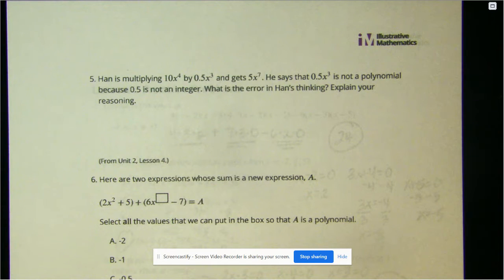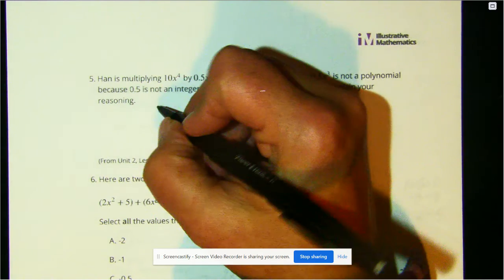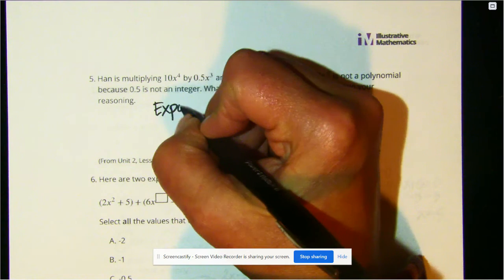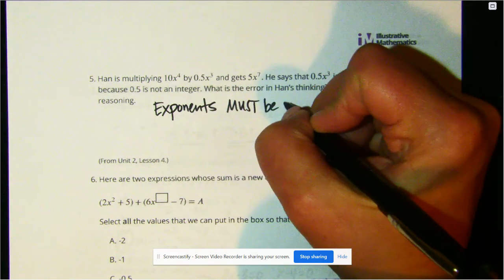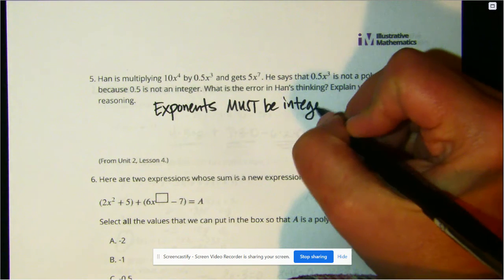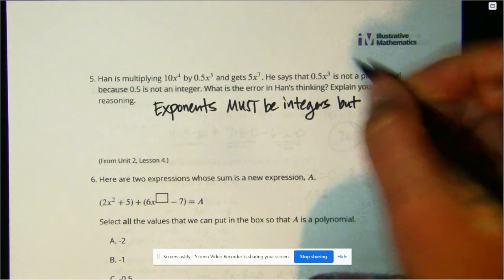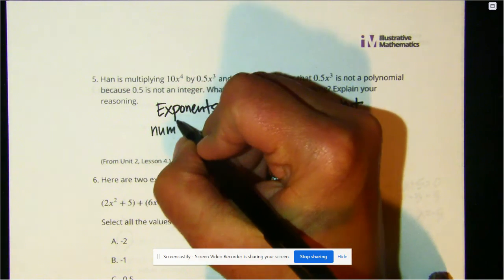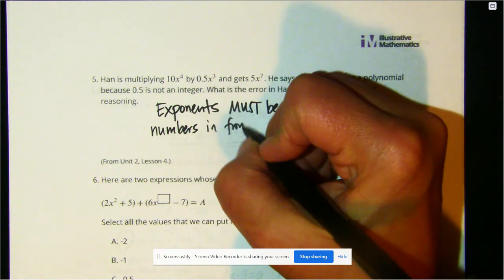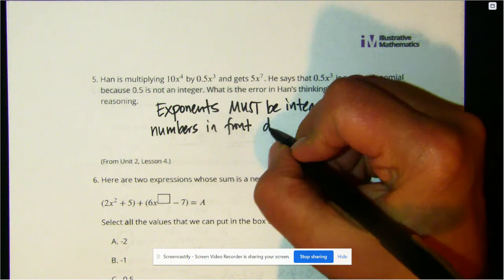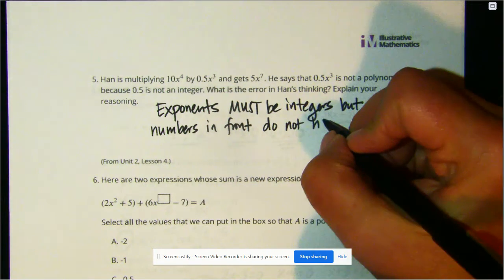So Han's error is he's applying the exponent property, right? The exponents must be integers, but the numbers in front do not have to be.